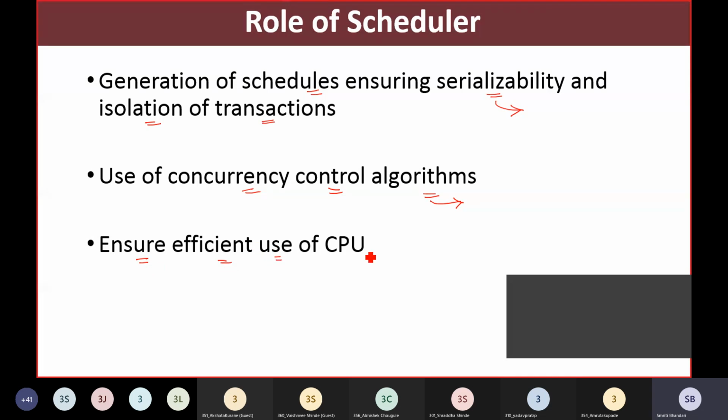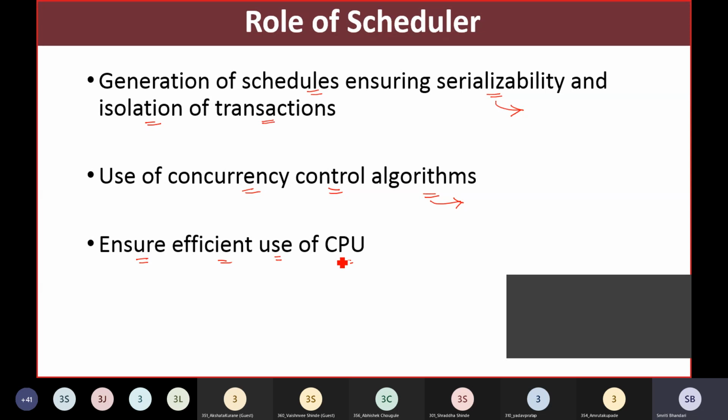And also, the schedulers must ensure the efficient use of CPU. So these are the roles of the scheduler. First, to generate the schedules, ensuring serializability and isolation of transactions.